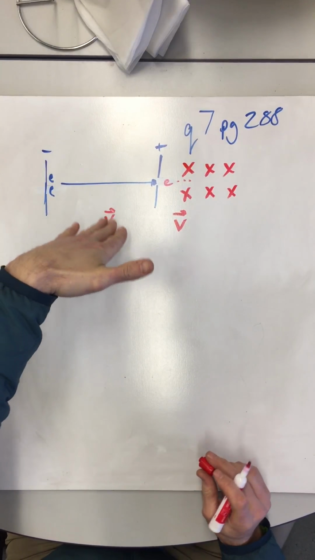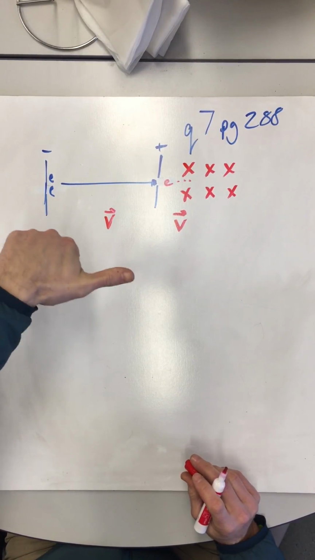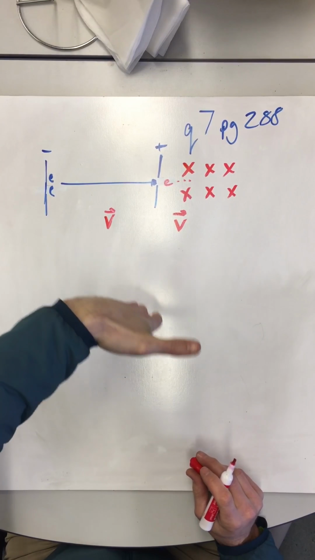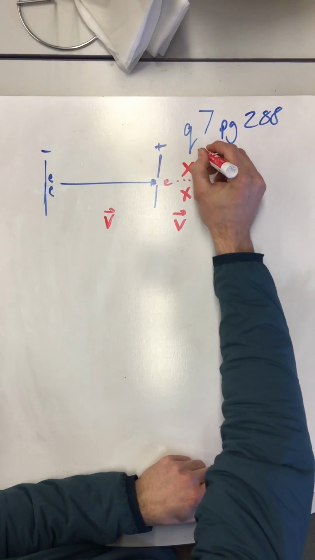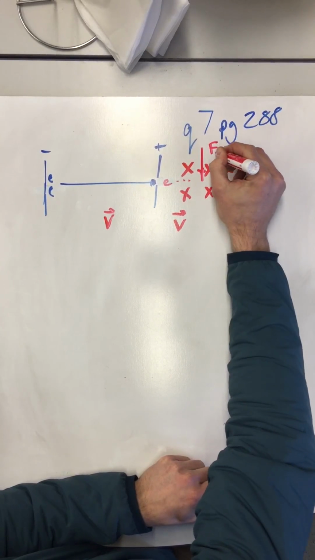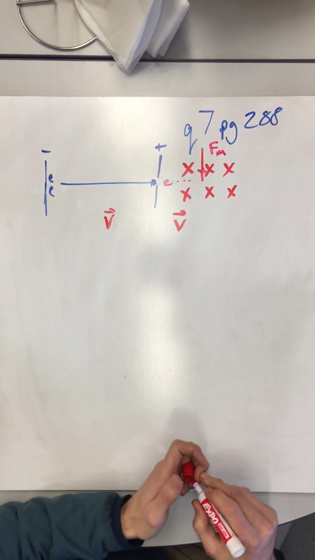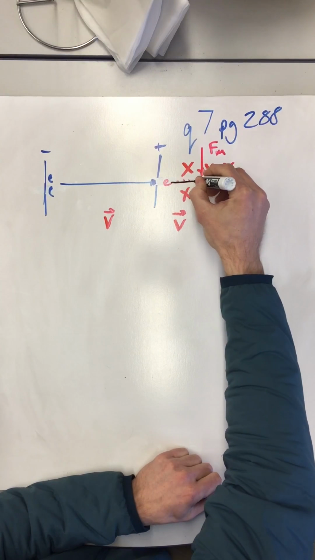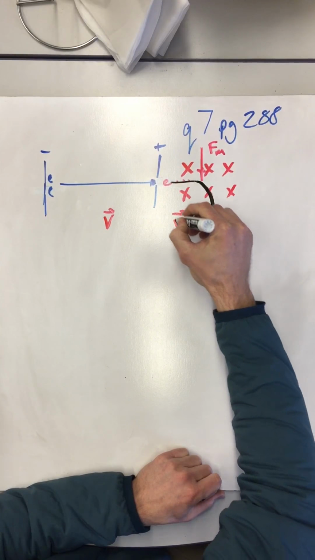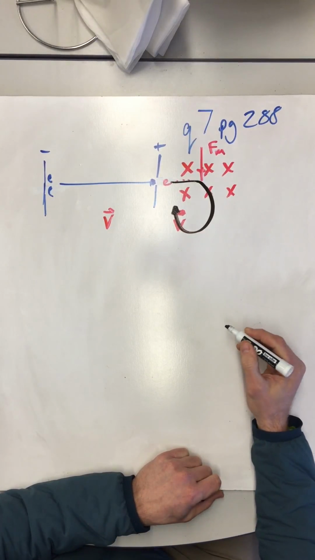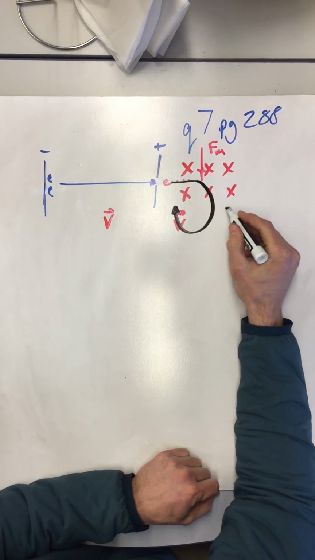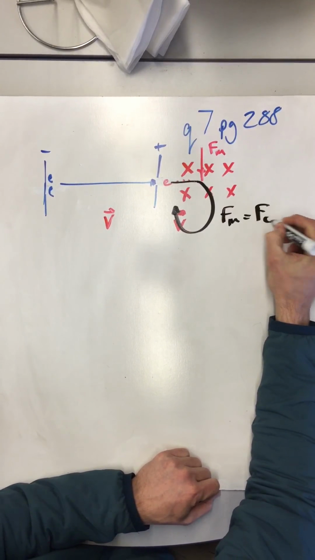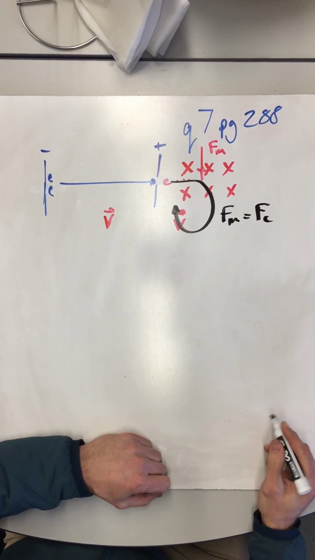We can do our quick hand rules: my thumb represents the movement of the electron, my fingers go into the page, which means my hand is pointing down, so the force magnetic here is going to make this electron curve continually. It's going to start off curving downwards, but it's going to make it do this. And that's really important, because that means that at this point the force magnetic is going to be the same as my force centripetal at this stage.